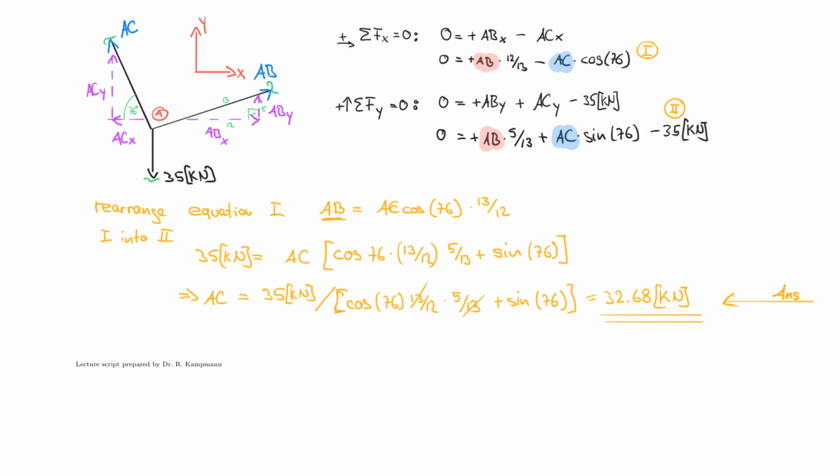And now I have the answer to AC, which I can now substitute back into my original equation 1, which then will give me AB. So what I'm going to do next is I'm gonna take this value and substitute it back into here, which then means that I have 32.68 times cosine of 76 multiplied by 13/12, and that actually gives me a value of 8.564.